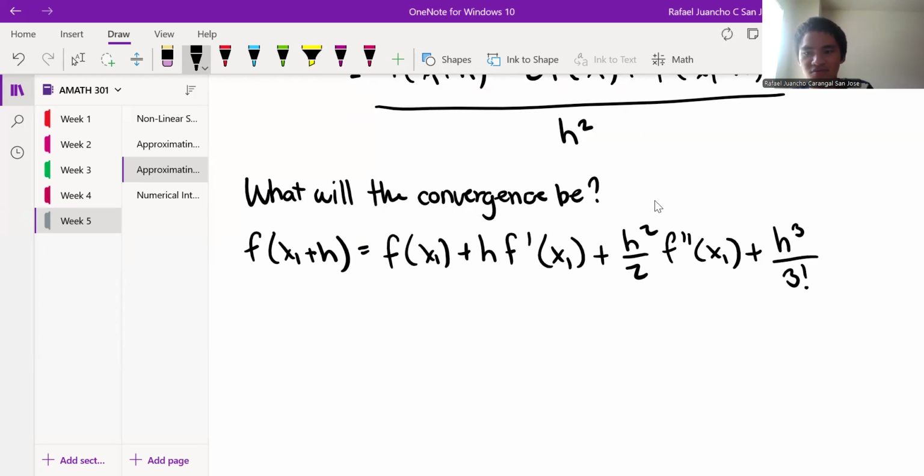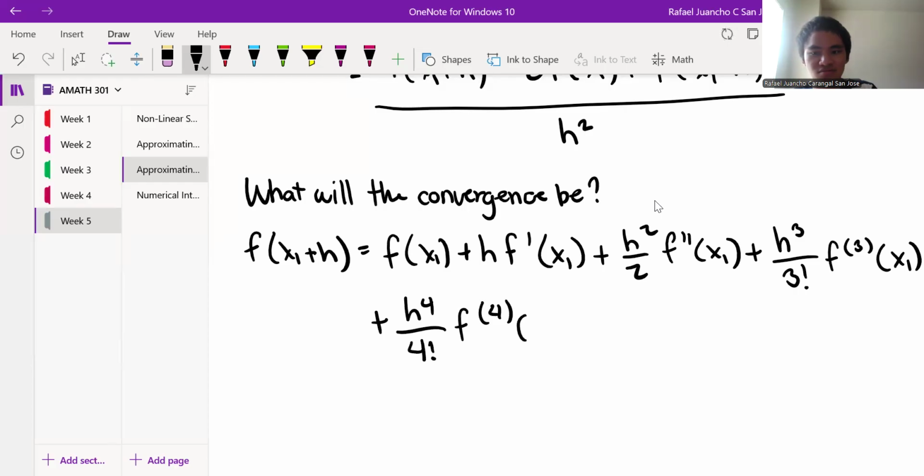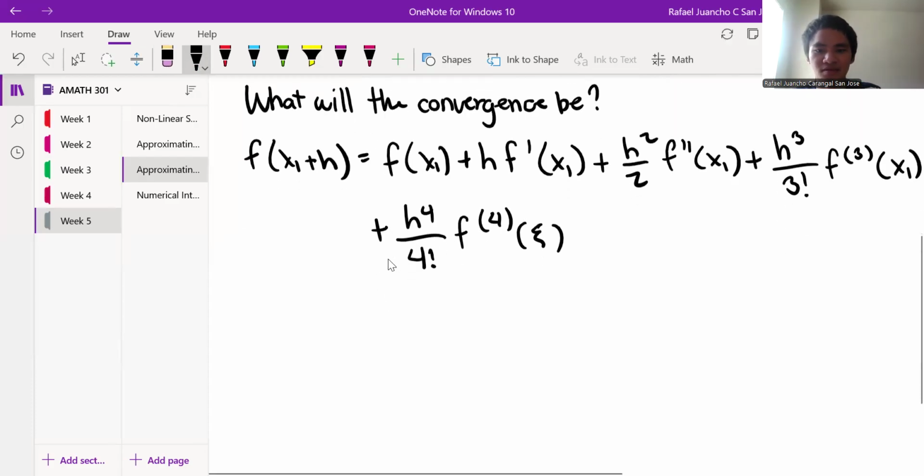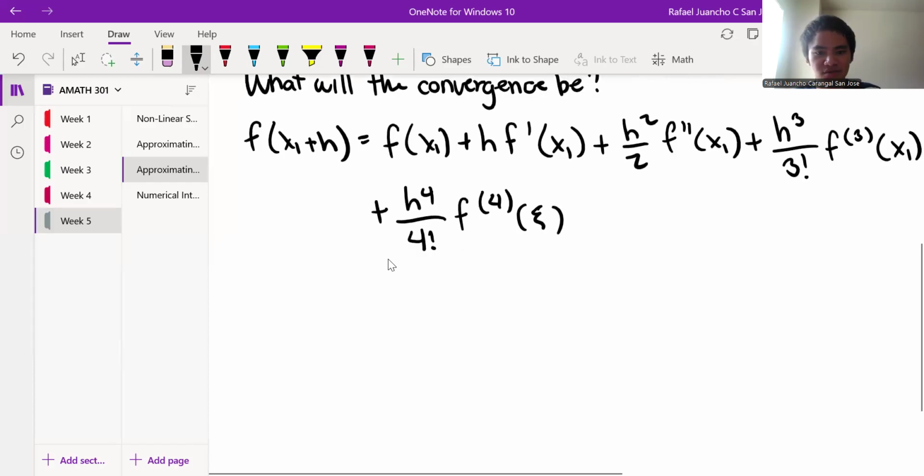Then this is the factorial, and I keep going for the factorial, right? Oh, and then this is my error term, right? And then from there, I keep going.